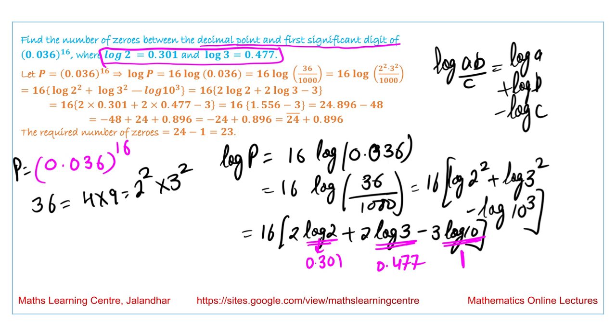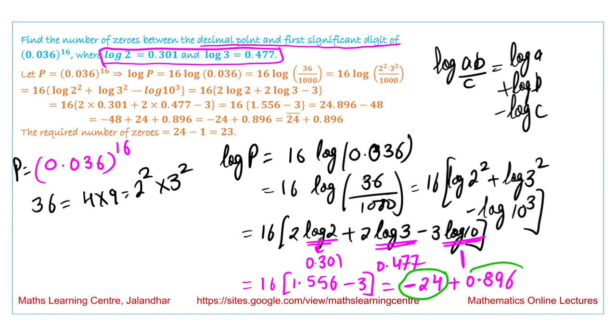So if we substitute these values, the answer we obtain is equal to 16 into 1.556 minus 3, and on solving this we get the final answer: minus 24 plus 0.896. So this minus 24 is the characteristic and 0.896 is the mantissa.